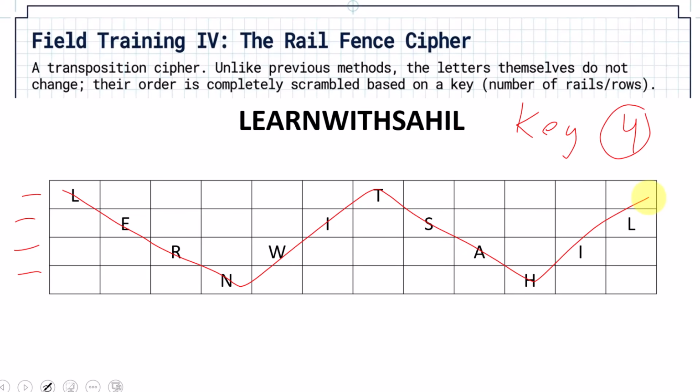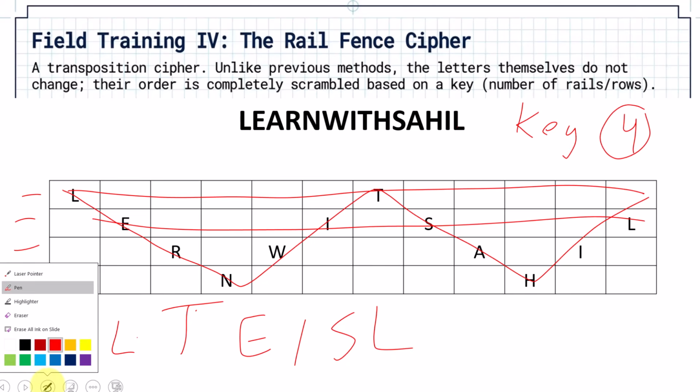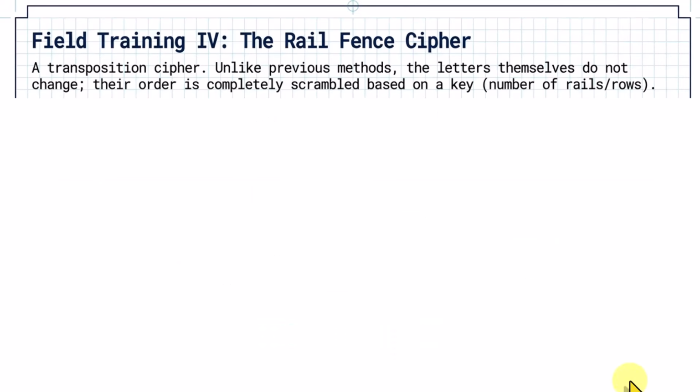First we write L, T. Then the second row, E, I, S, L, and we keep doing that. Let's see that in more detail. So it becomes LT, EISL, then RWAINNH.